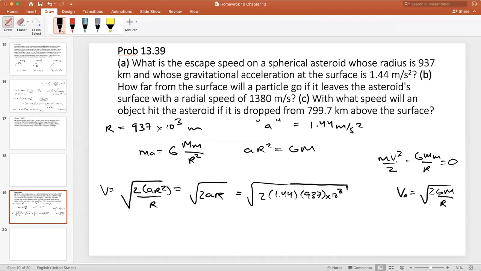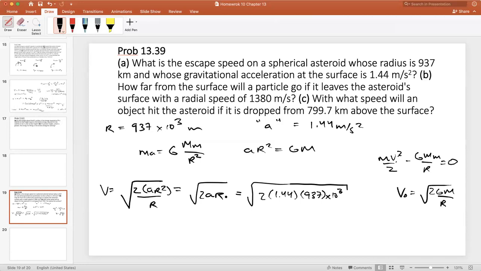You can do that yourself, but that's the escape speed. It's the speed when initially it has some velocity and some potential energy, and then it gets very far away and the velocity becomes 0 and the potential energy becomes 0. So we got that. That's part A.